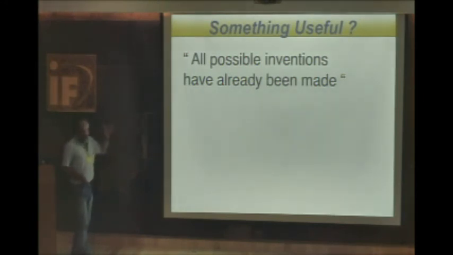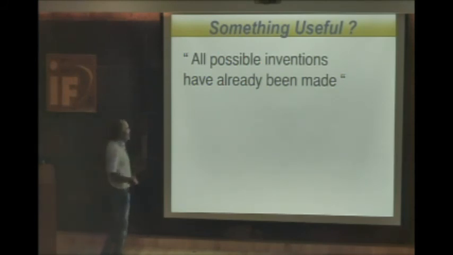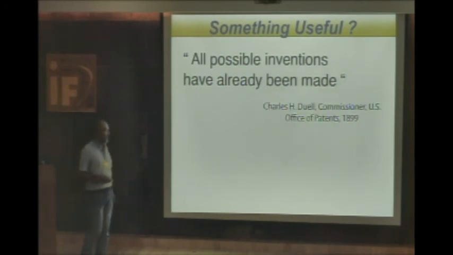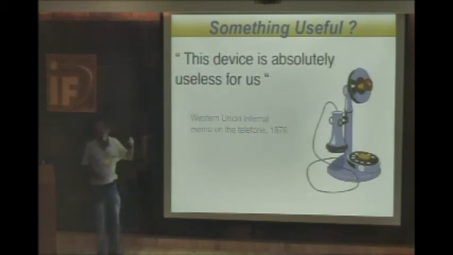And similar statements about the future were made in a number of cases. This is a famous one: all possible inventions have already been made. That's not very recent. That was said in 1899, and by somebody who definitely should know about inventions. Or this device is absolutely useless for us. That was in 1876 by a telecommunication company.